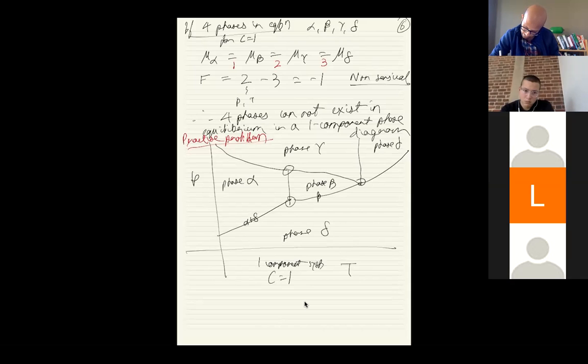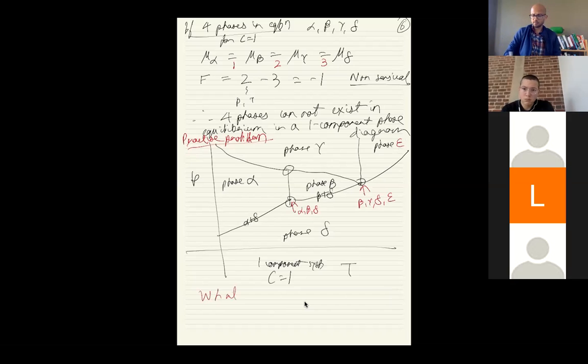Along this boundary, beta plus delta can coexist. At this point over here, alpha, beta, delta can coexist. At this point over here, beta, gamma, delta, and this should have been epsilon, epsilon can coexist.